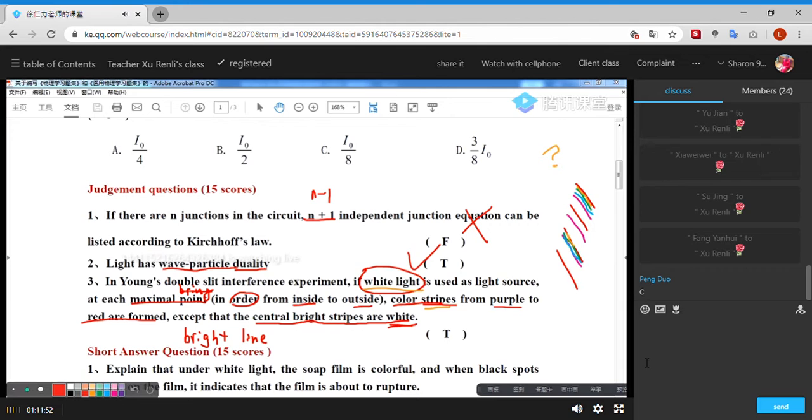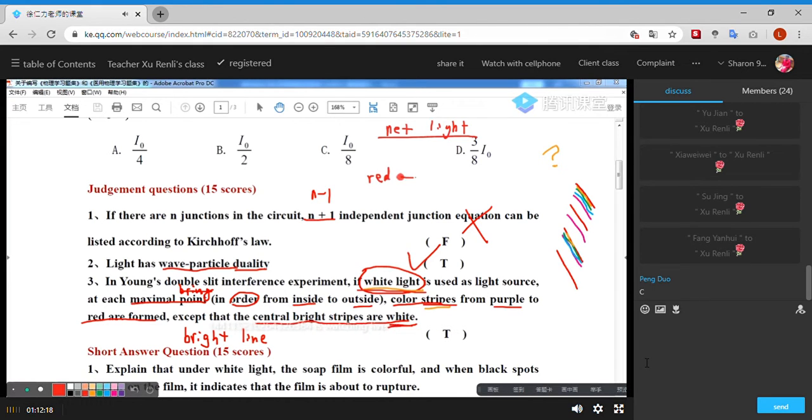Because white light is not monochromatic light. Monochromatic light means that it has only one frequency.